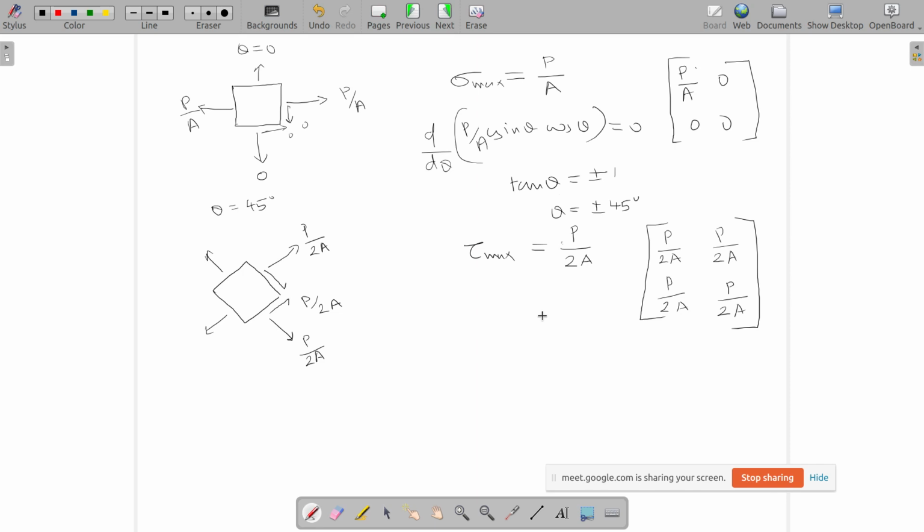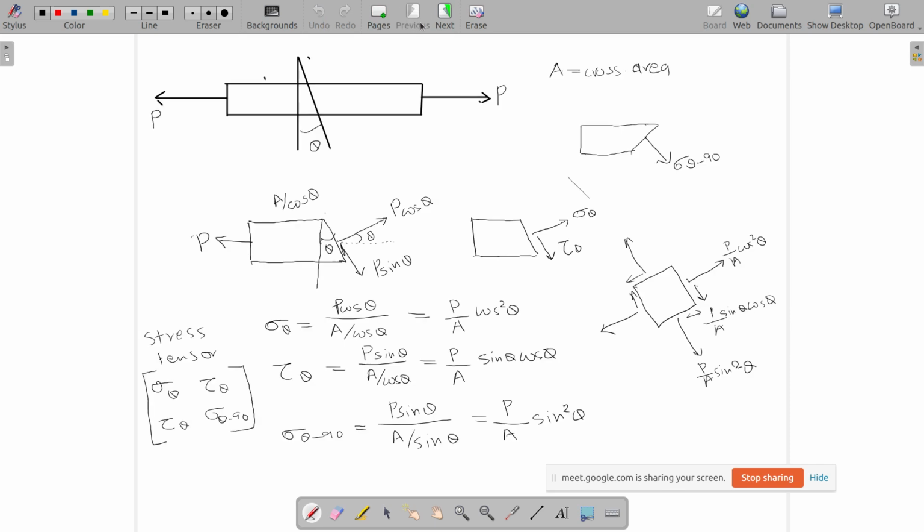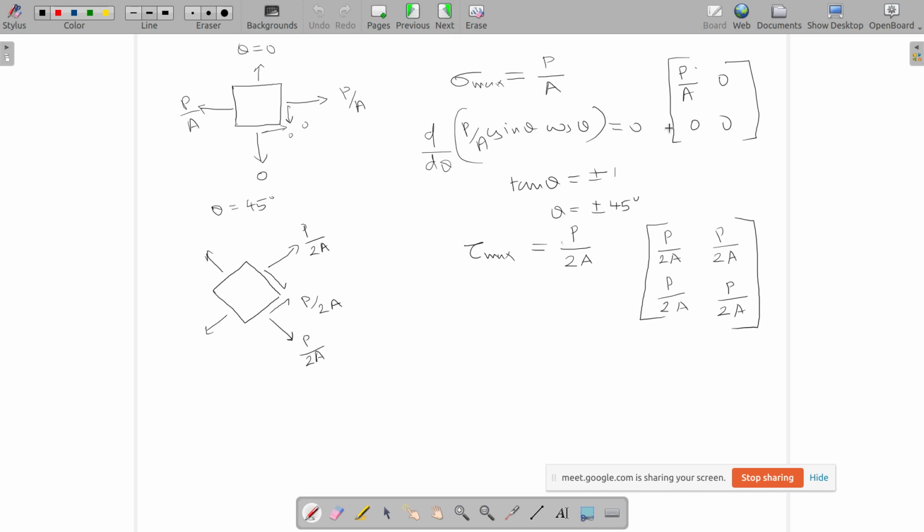So this is very interesting. We wanted to define stress at a point for a special case, a specific problem like this, where a bar is being pulled by some force P on either side, and we figured out that depending on theta, our stress tensor changes. If theta is equal to 0, this is our stress tensor.